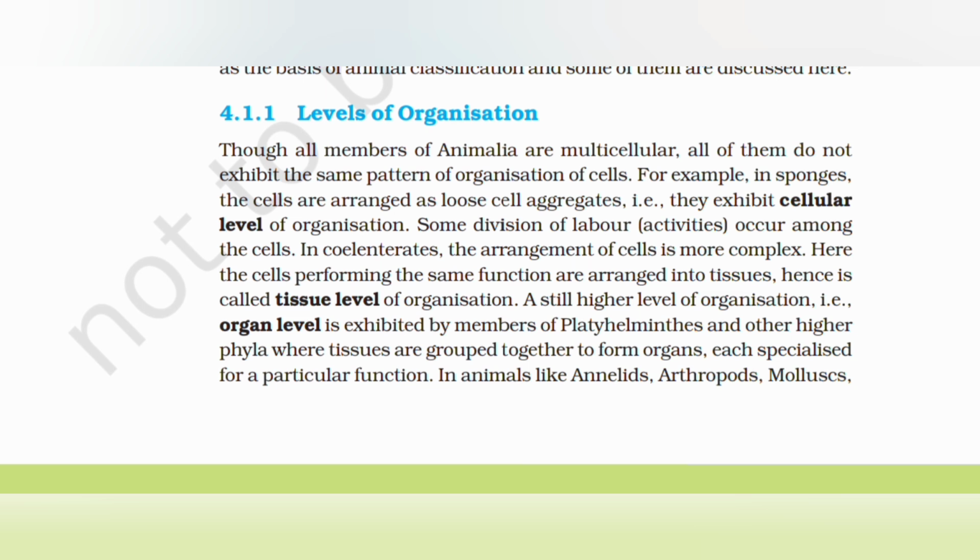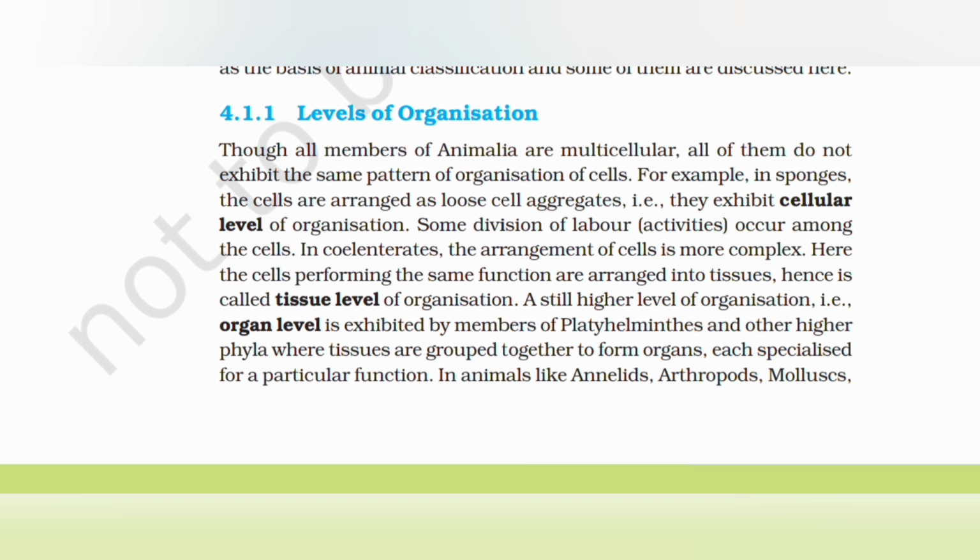Here the cells performing the same function are arranged into tissues, hence it is called tissue level of organization. A still higher level of organization, that is organ level, is exhibited by members of Platyhelminthes and other higher phyla, where tissues are grouped together to form organs, each specialized for a particular function.